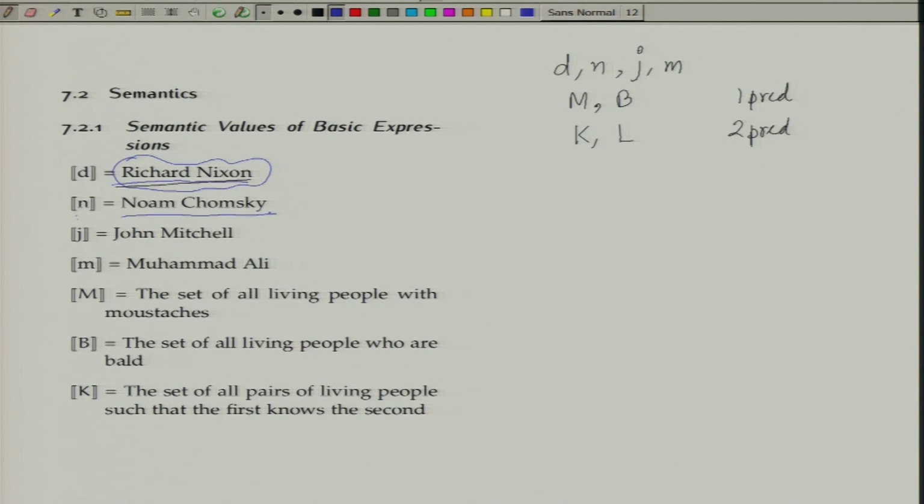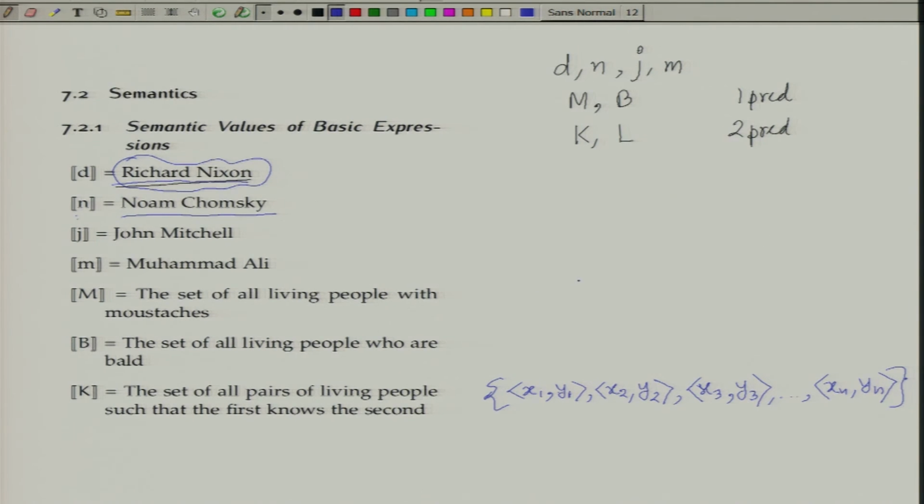The reference of K is the set of all pairs of living people. Now, this is the set talk, and this will look like this. In the set, something like x1, y1, x2, y2, and x3, y3 through xn, yn.